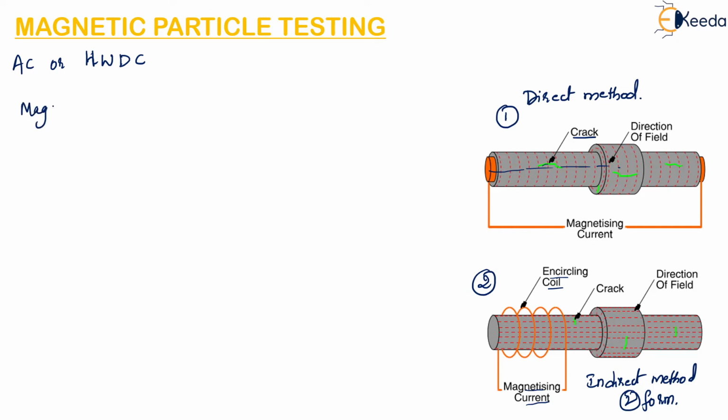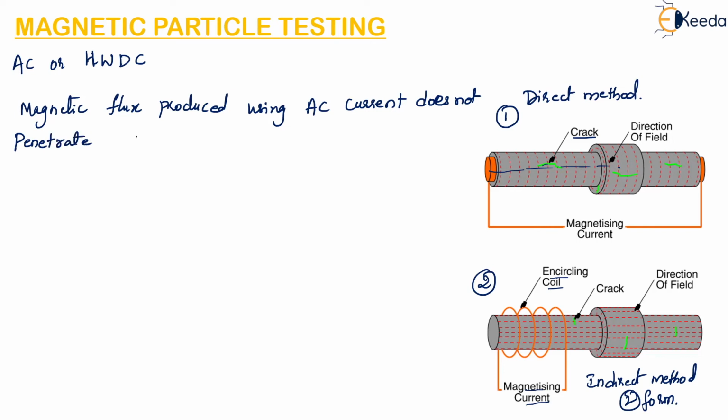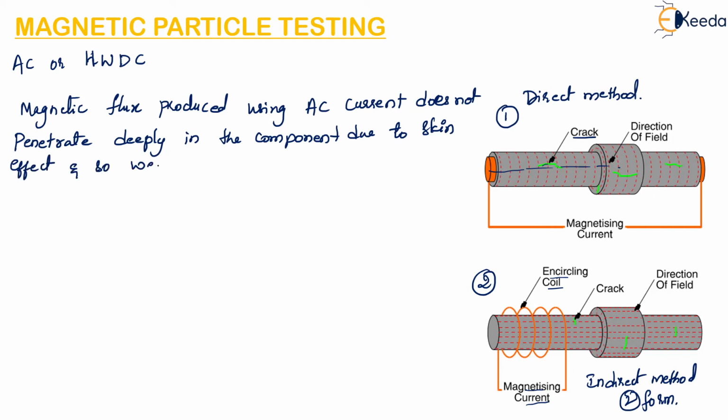So magnetic flux produced using AC current does not penetrate deeply in the component due to skin effect, and so we can detect only surface defects.